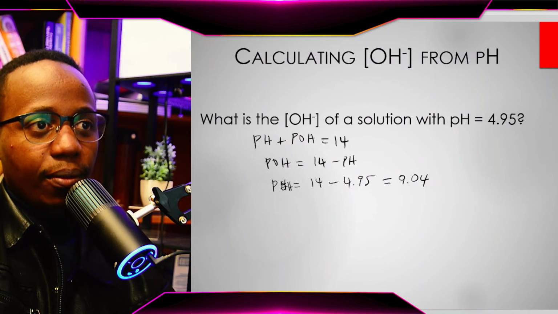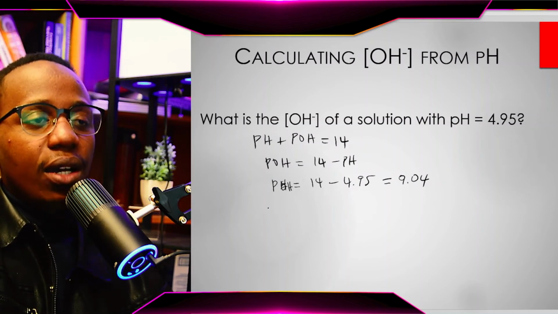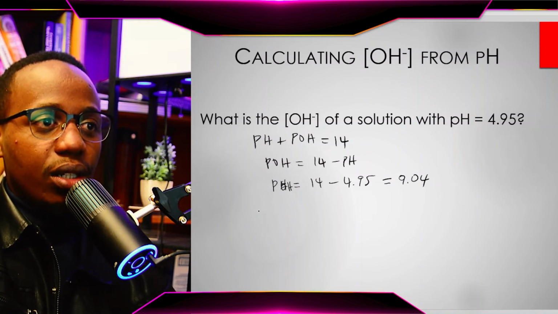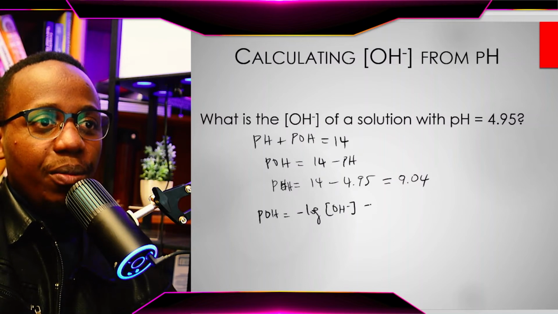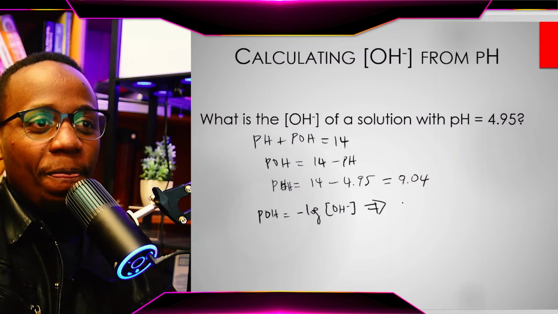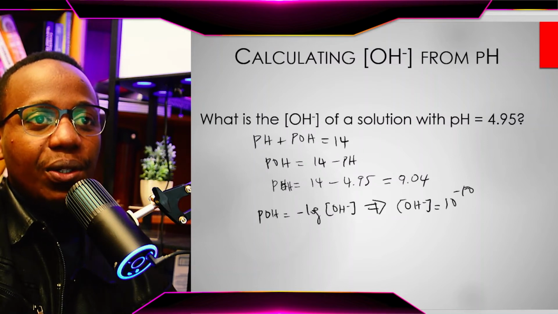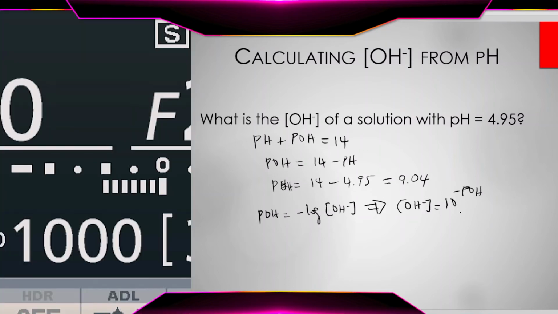Now, if you have the pOH, how do you find the OH minus concentration? Remember that pOH is equal to negative log of OH minus, but this gives us that the concentration of OH minus is equal to 10 to the negative pOH, right? So all we have to do is just say OH minus is equal to 10 to the negative 9.05. And you just do this in your calculator.